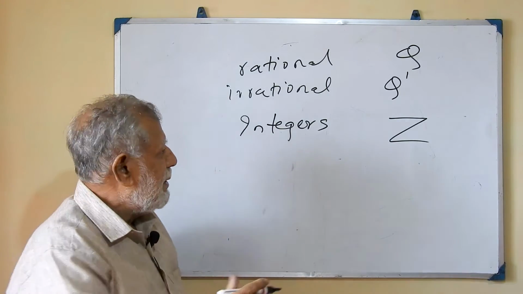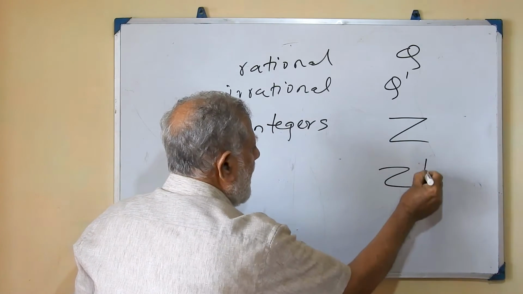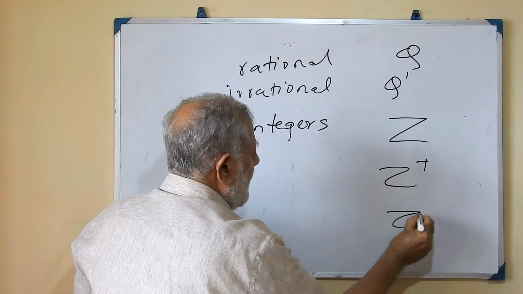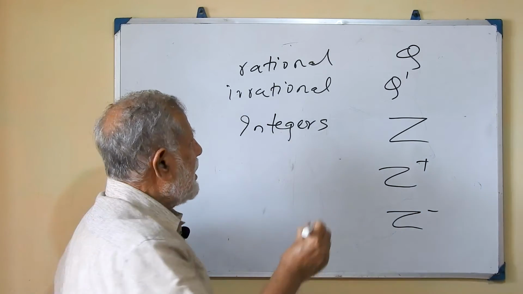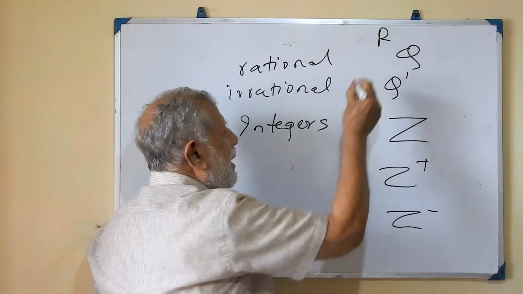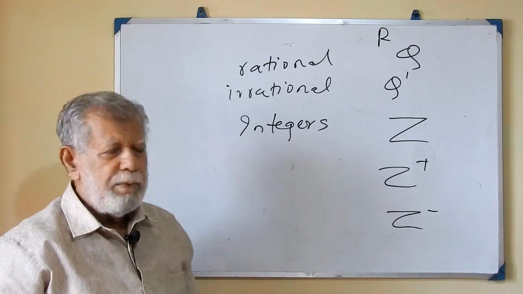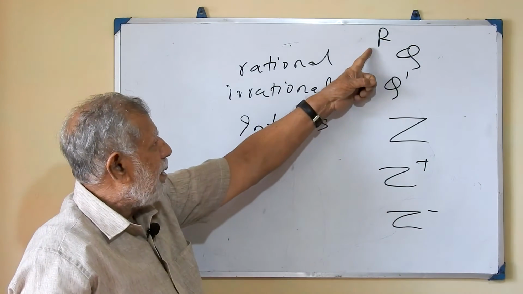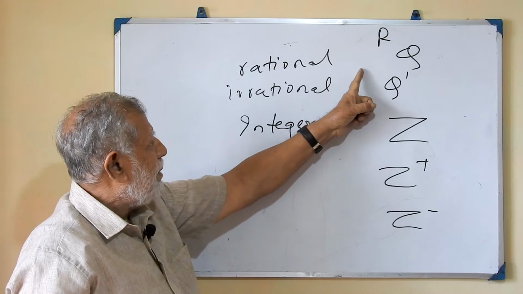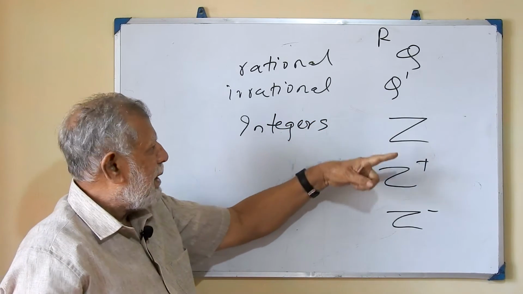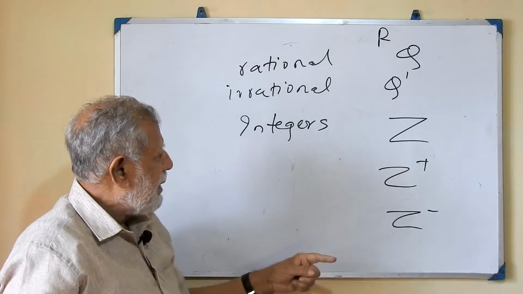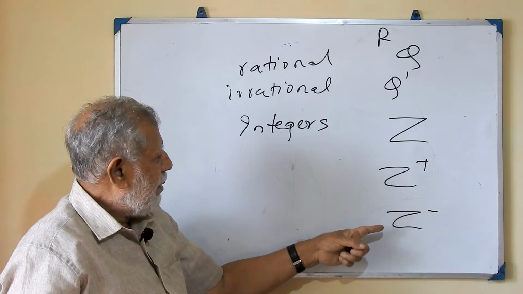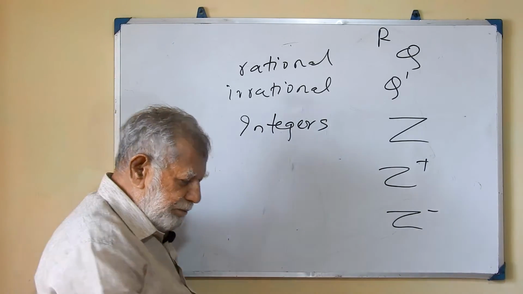So for positive integers we put Z plus, and for negative integers we put Z minus. So these are the symbols that you should remember for the moment, because all these come in the O-level exam. So R is real numbers, Q is rational numbers, Q dash is irrational numbers. Then integers are Z, and positive integers we write as Z plus, and negative integers Z minus.